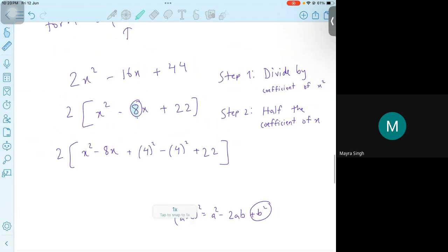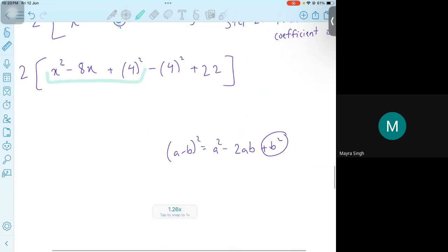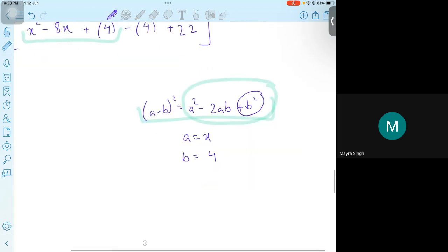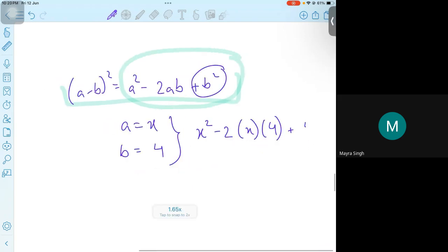So now you can see that this part looks very similar to this part. The a square minus 2ab plus b square, where a is equal to x and b is equal to 4. If you expand this, you're going to see x square minus 2, a is x, b is 4, plus 4 square.